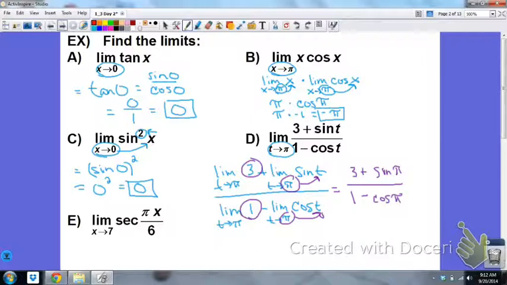We can now go to our unit circle and figure out these values of sine pi and cosine pi. So we end up with 3 plus sine of pi, which is 0, over 1 minus cosine of pi, which is negative 1. Two negatives here make a positive. We clean it up and we have 3 halves.